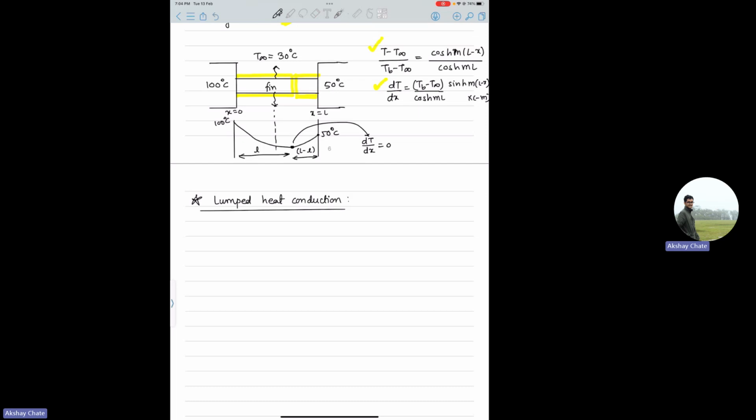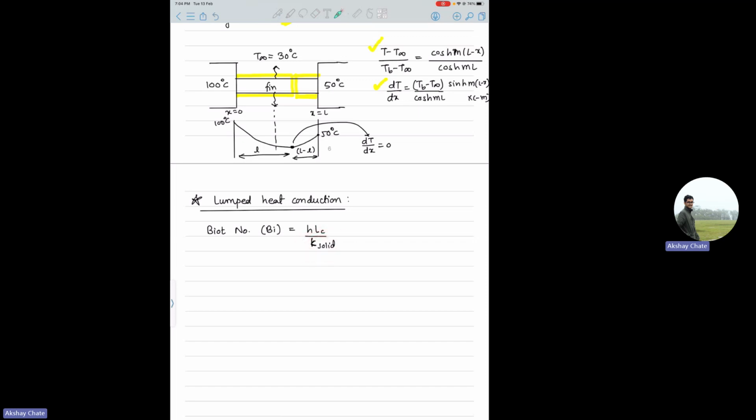As discussed in the class, this Biot number is nothing but h times characteristic length divided by k of solid. I would advise you to remember this formula this way. Typically, people just remember it as hL by k, but later we'll encounter the Nusselt number, which has exactly the same formula, but there it will be k fluid instead of k solid.